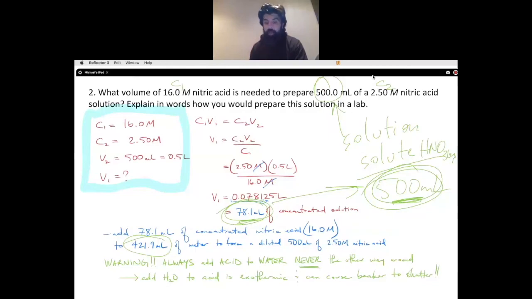Notice I am not adding 500 milliliters of water to this, because then my whole volume will be 578.1 milliliters of an entire solution. This is the solution of the solute and solvent together.